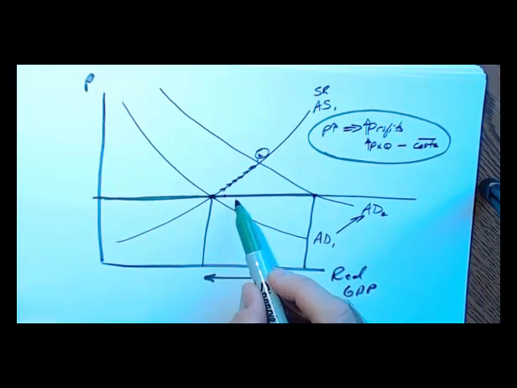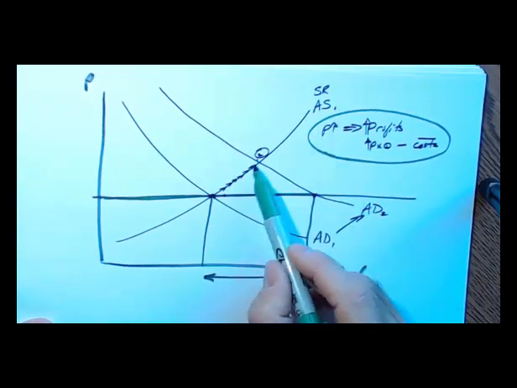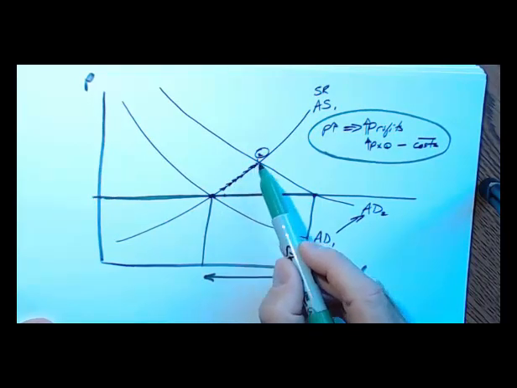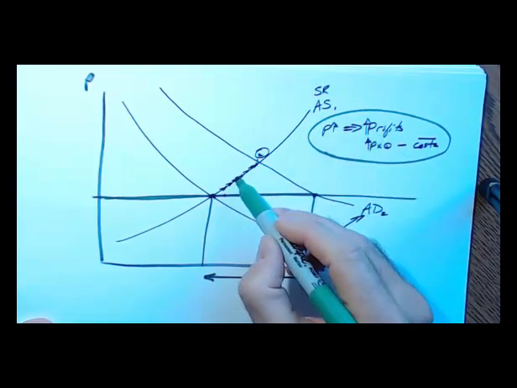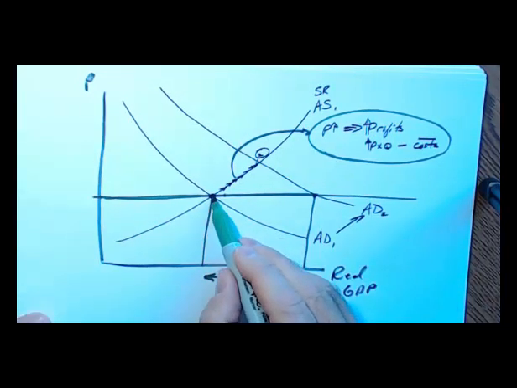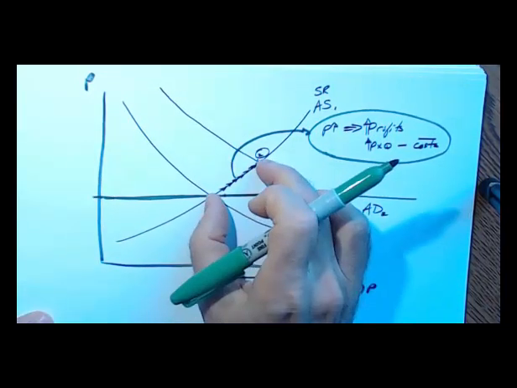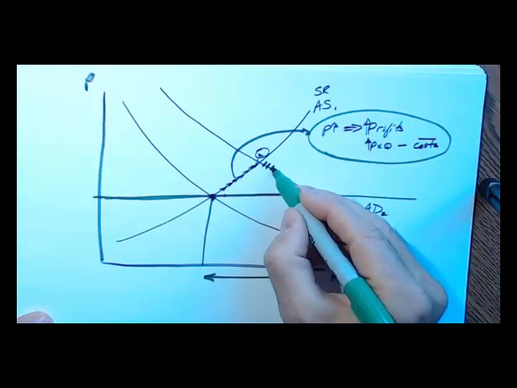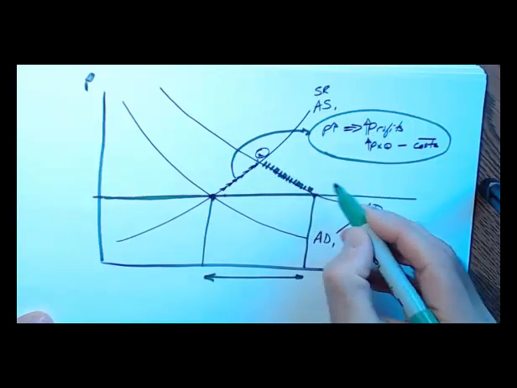So there is a positive effect of prices going on here, and we've captured that in the run up the aggregate supply curve. You can look at it as the sum of this component, and then there's a component right here that we have to account for.